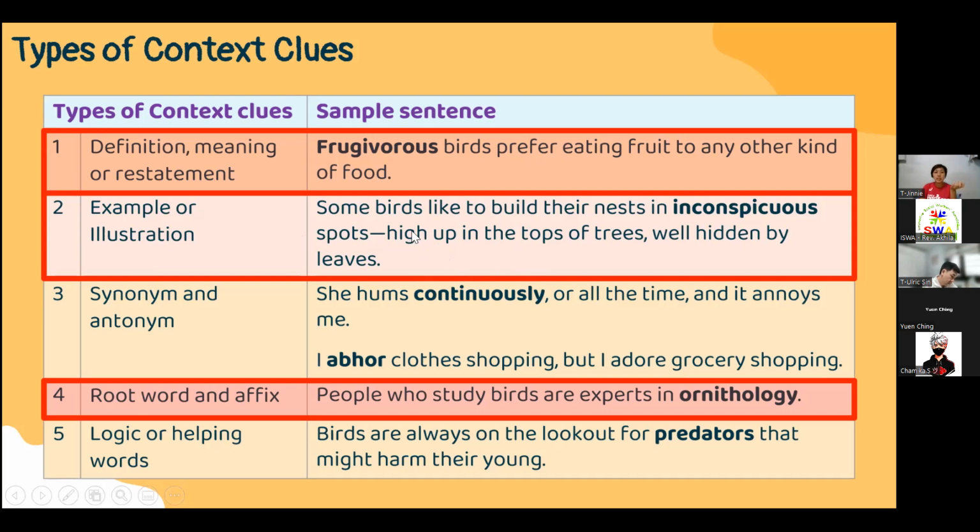In this text, it says, high up in the tops of trees, well hidden by leaves. From here, you try to guess the meaning. It must be a place. Inconspicuous could mean something that is not easy to be found. Well hidden, and very high up. So you can use this in your understanding of the difficult word.